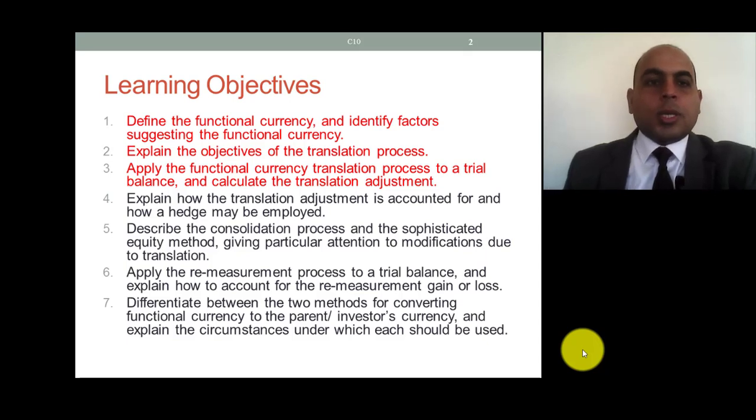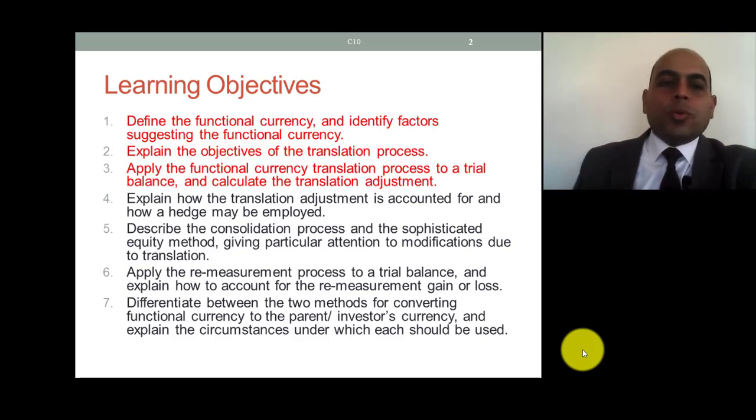In this video we will start to discuss the first three objectives of this topic. We will define the functional currency and the factors suggesting the functional currency, how we determine the functional currency, and before that we will discuss what functional currency is.